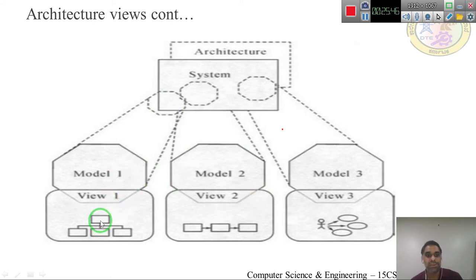Model 1 view speaks of module view, whereas model 2 view speaks of component and connector view, and model 3 view speaks of allocation view. So you can follow any of the architecture views, which basically tells you that you can have three different views for a particular system.